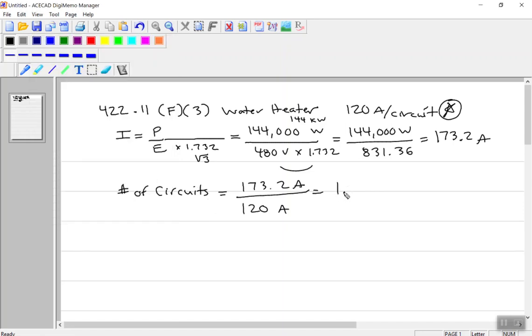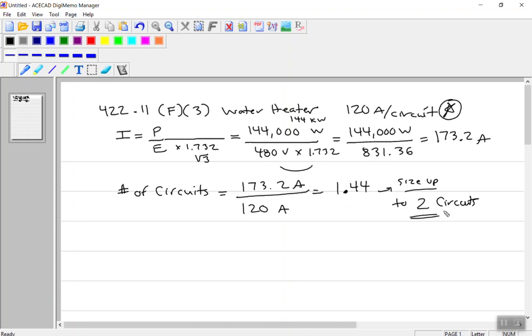Well, you can't go over to Granger or Elliott or Locke or wherever you get your stuff and get 1.44 circuits. Doesn't this need to be rounded? Don't you need to size up to 2 circuits? 2 circuits.